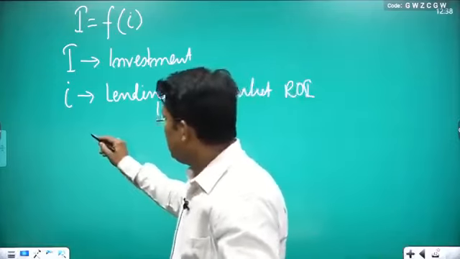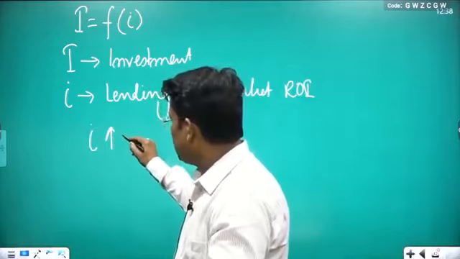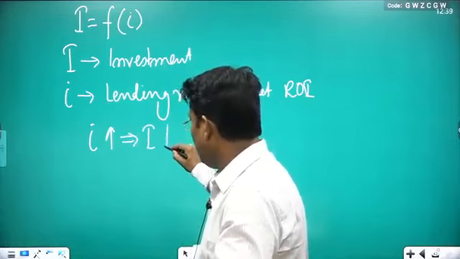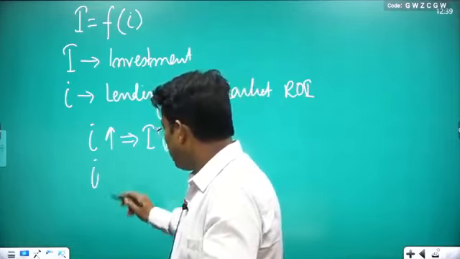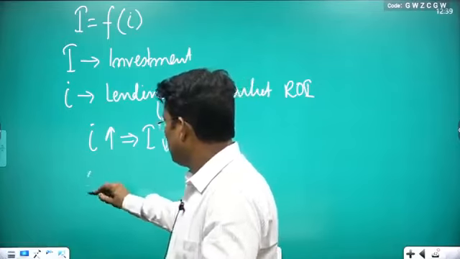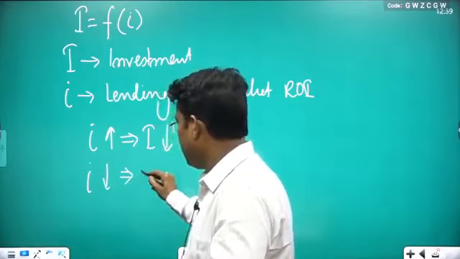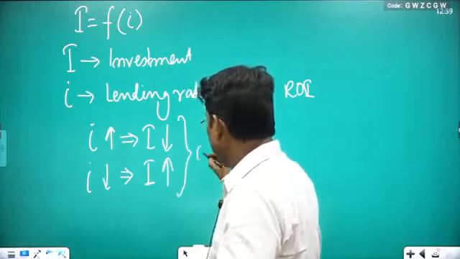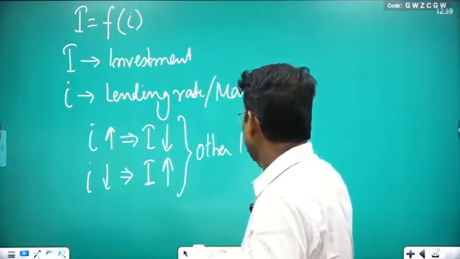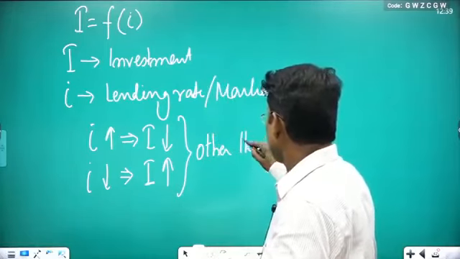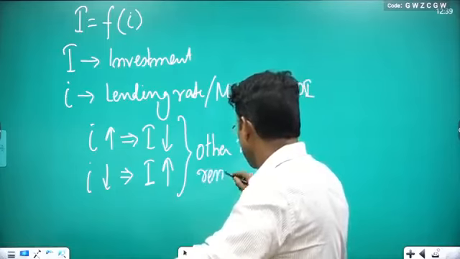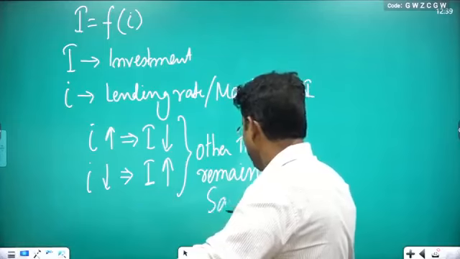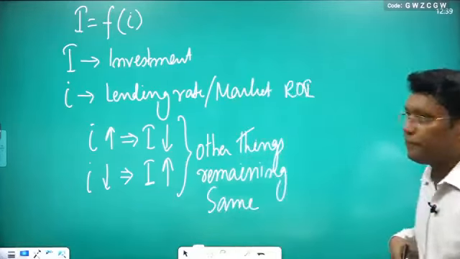So we can write: if i, the lending rate, increases, then investment in the country will decrease, and if small i, the lending rate, decreases, then investment goes up, other things remaining same.